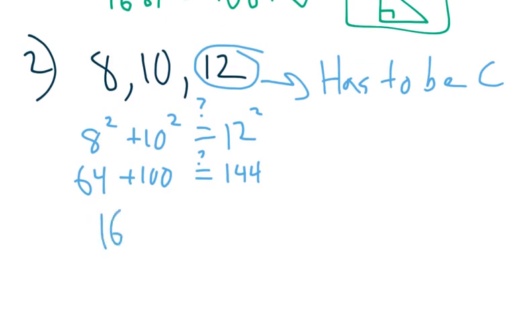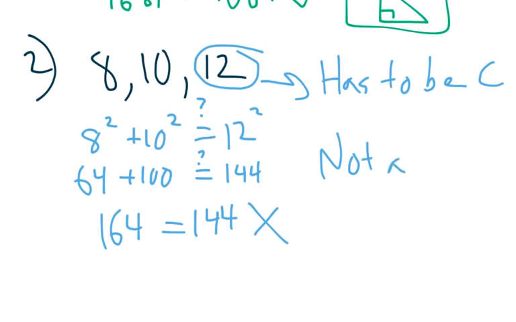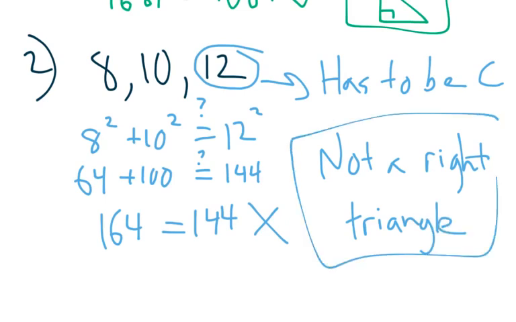And what we end up getting is 164 equals 144. That is not the case. And so this could be a triangle, but it's not going to be a right triangle. So not a right triangle. And that would be our answer there.